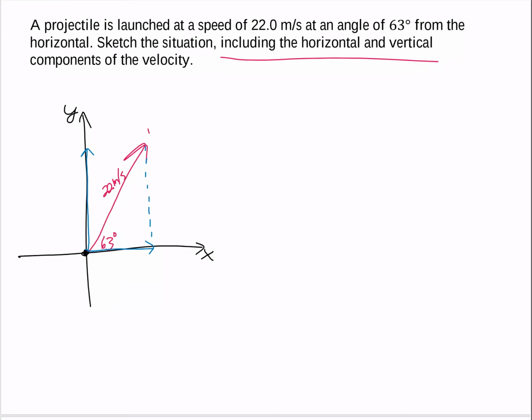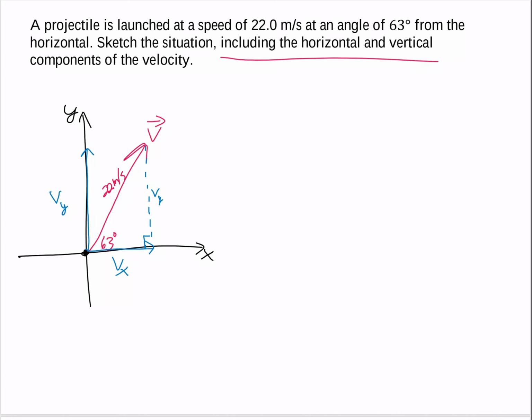This would be v, then we would call this v sub x, and this would be v sub y. But remember that v sub y would also be over here. It just depends on how you want to break those components and label them on your drawing. So now we've created a right triangle here, and we should figure out what the components actually are.